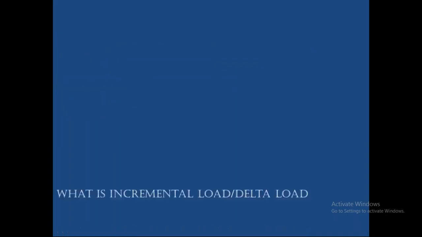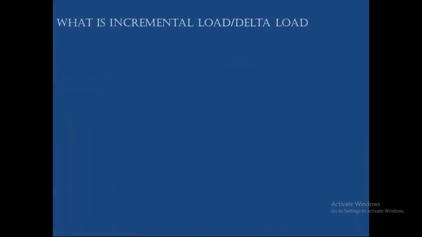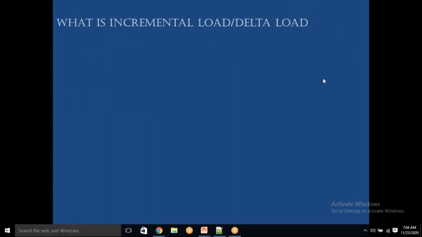Now, what is incremental load or delta load? Yesterday we discussed it. Can somebody tell me what is incremental load or delta load? Are we going to take the entire data in the table, or only new records and updated records? New record. Thank you, Avinash. Thank you, Naval. Devendra, thank you.